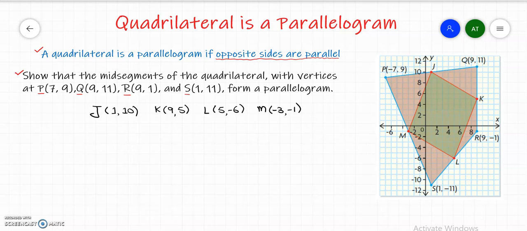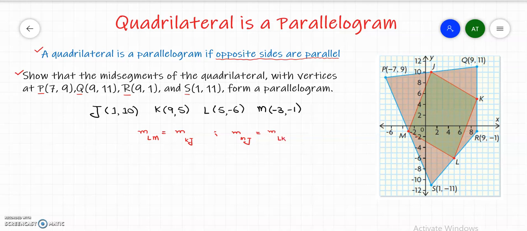So what we have to do, we need to show that the opposite side slopes must be the same. So we have to show that the slope of side LM must be equal to the slope of side KJ, and the slope of side MJ must be equal to the slope of side LK.